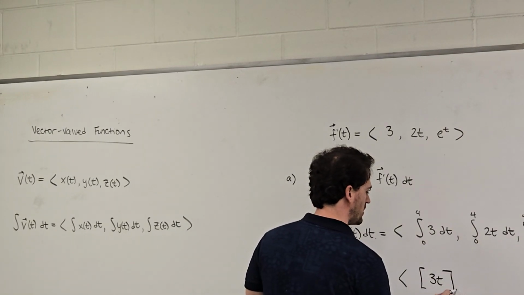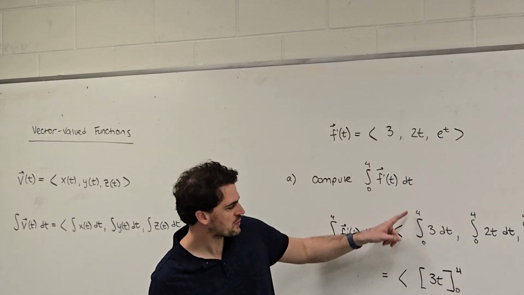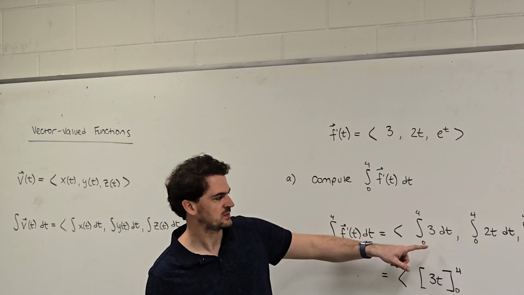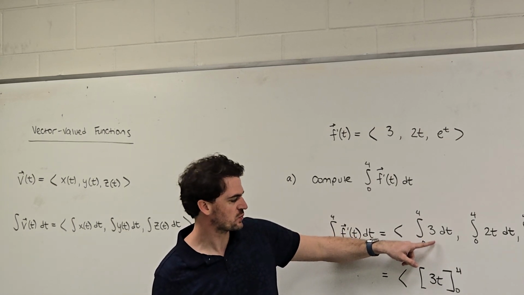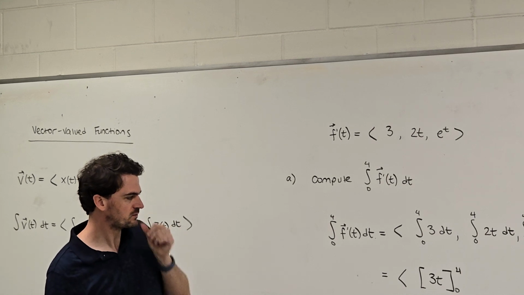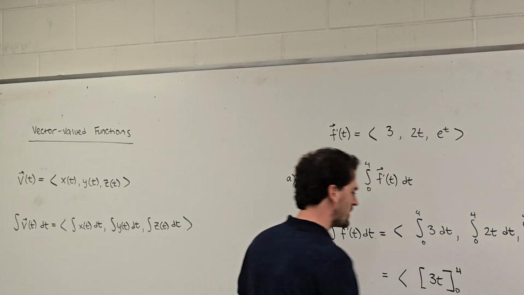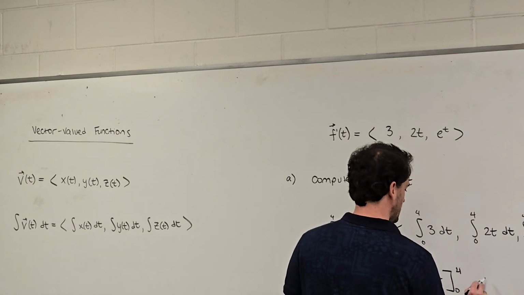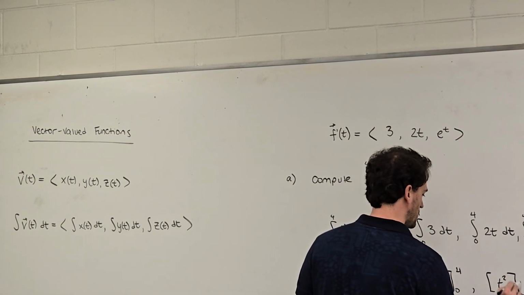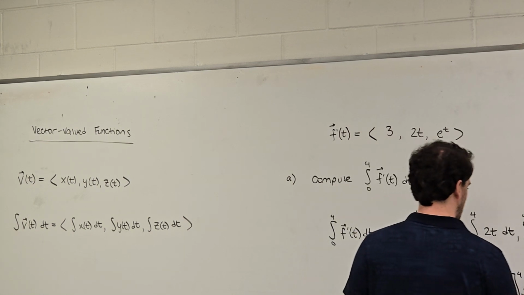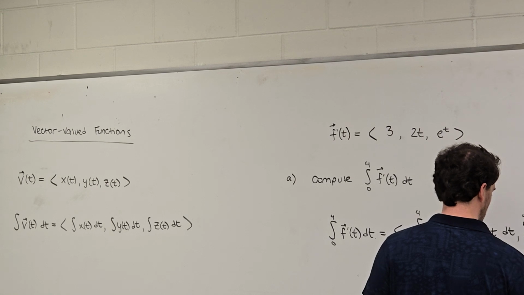Thinking back to Calc 1, Calc 2, the definite integral from 0 to 4 of 3, you're just doing three definite integrals. Antiderivative of 3 is 3t, and then I want to evaluate from 0 to 4. Antiderivative of 2t is t squared, 0 to 4. Antiderivative of e to the t is e to the t, 0 to 4.